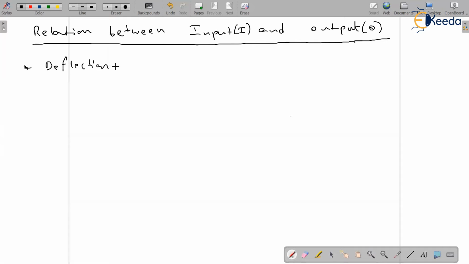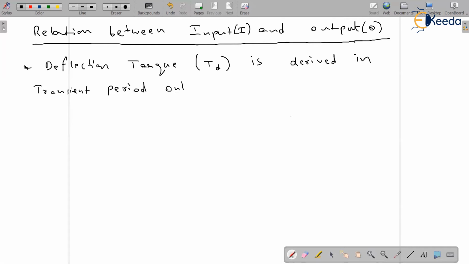Deflection torque Td is derived in the transient period only, that is in dt seconds.